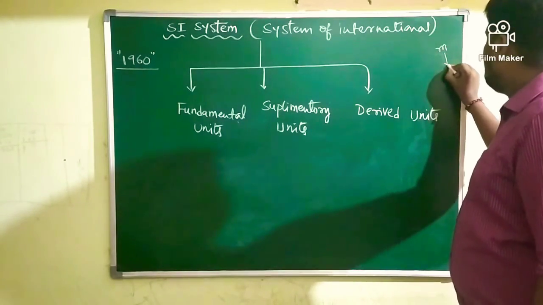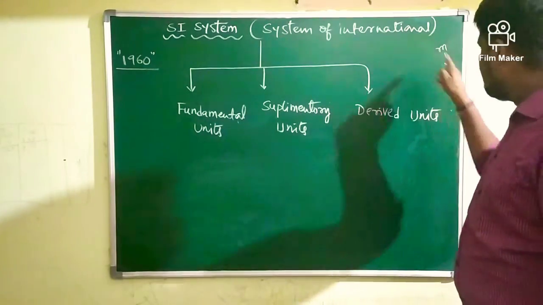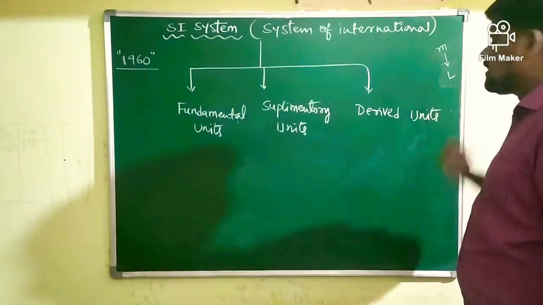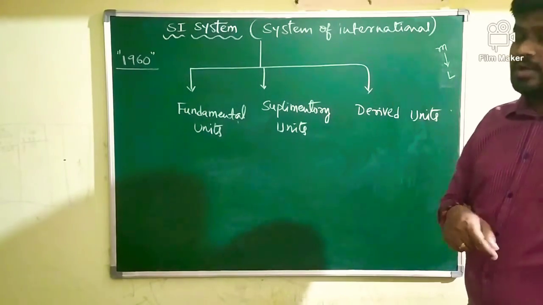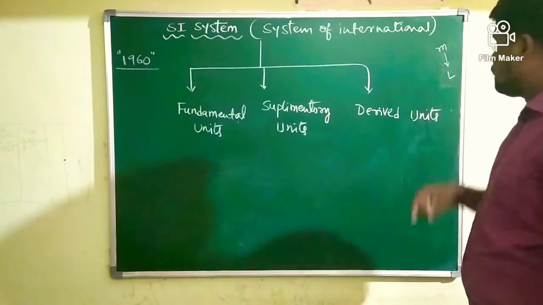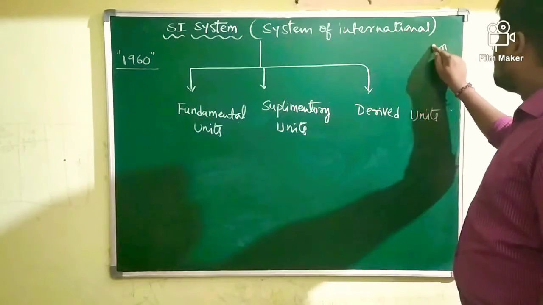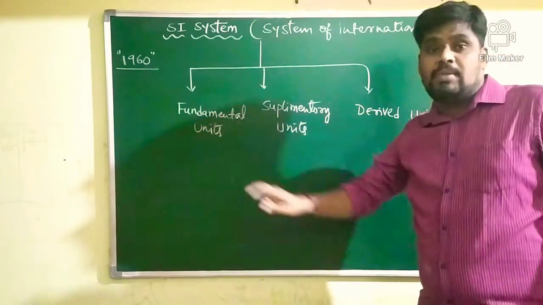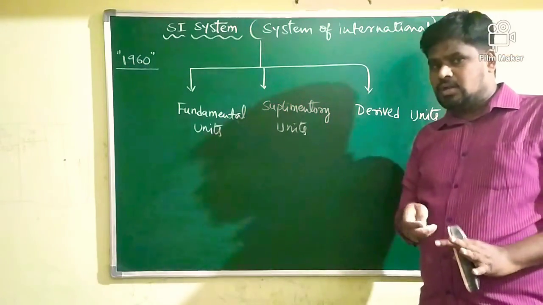What is meter? Meter is a unit of length. Length is which physical quantity? Length is a fundamental physical quantity. Meter is a unit which is used for a fundamental physical quantity. Therefore, meter we will call a fundamental unit.